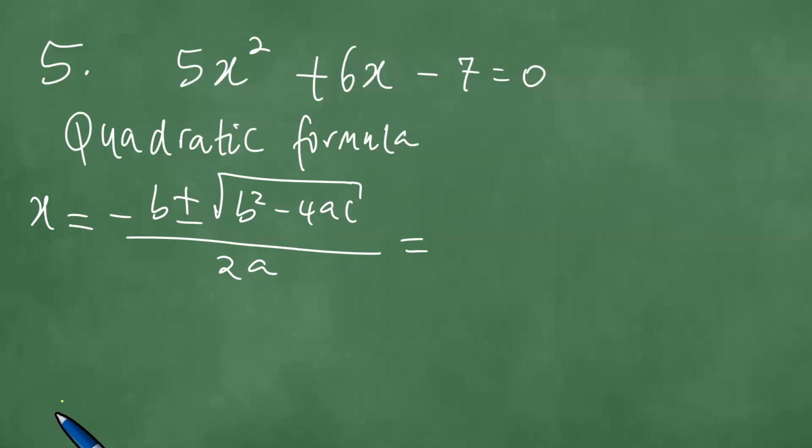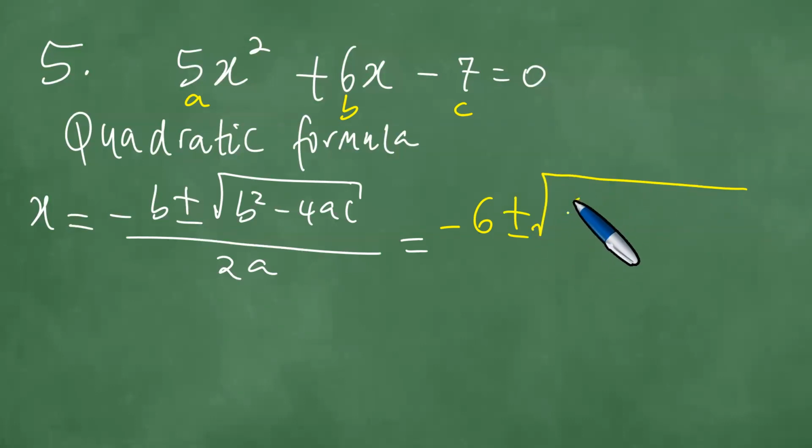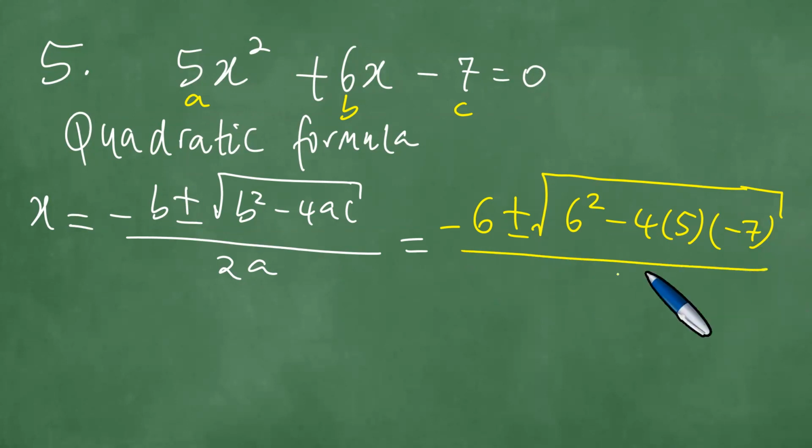Now this is our a, this is our b and this is our c. So you put minus 6, plus or minus the square root of b squared, which is 6 squared, over 2a, which is exactly 10.